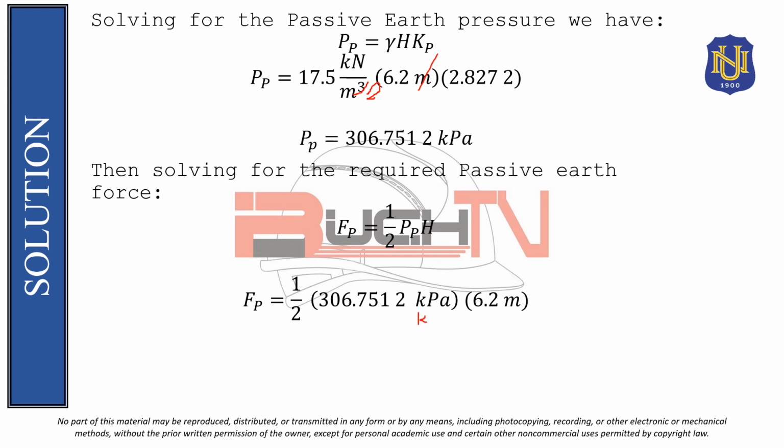So, kilopascal still corresponds to kilonewton per meter squared. So, canceling this one, we will have a unit of kilonewton per meter. So, the resulting value will be F sub P is equal to 950.9287 kilonewton per meter. So, we have analyzed it per meter strip.